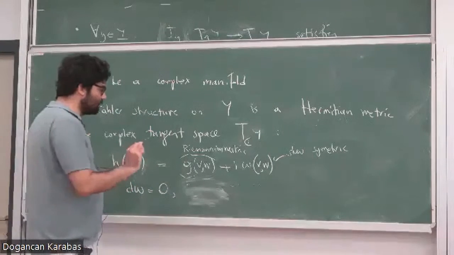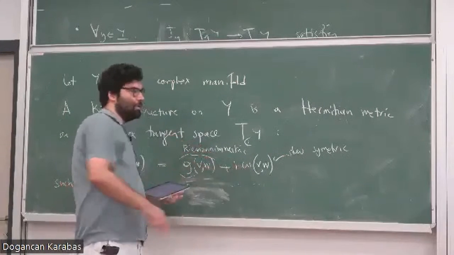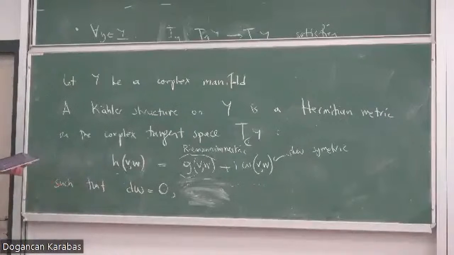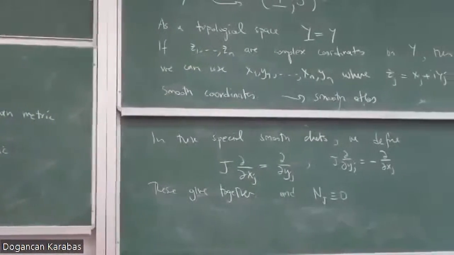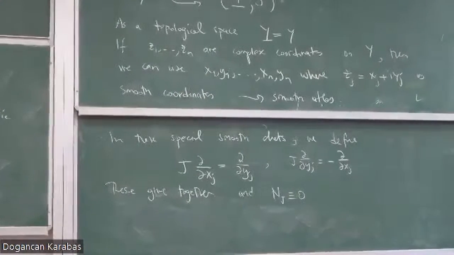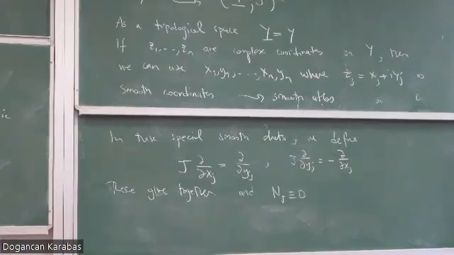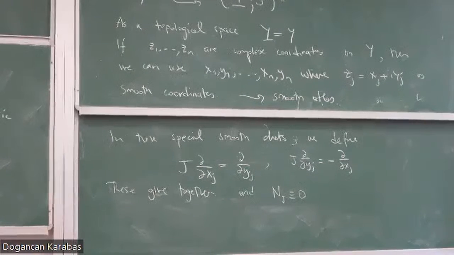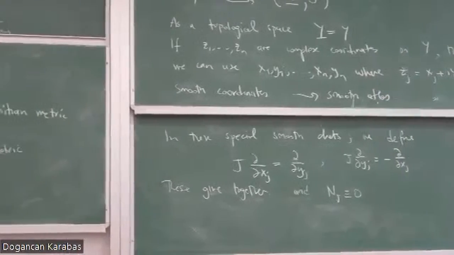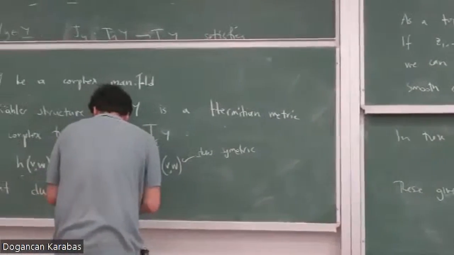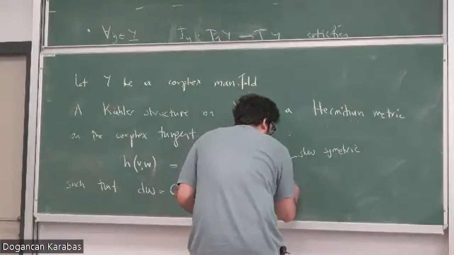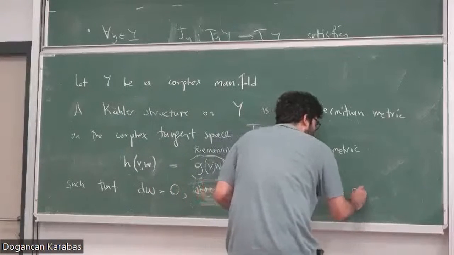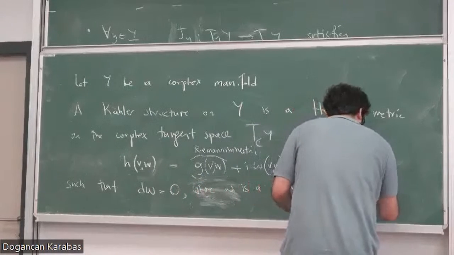So I need to make a little note to tell you in what way this omega is a real valued smooth differential form. And that's obvious because I defined this Y underline thing, and its tangent spaces, which are real vector spaces, are canonically identified with the complex tangent spaces of the Y. So you just think of omega here as a real two form, just a smooth two form on Y underline.